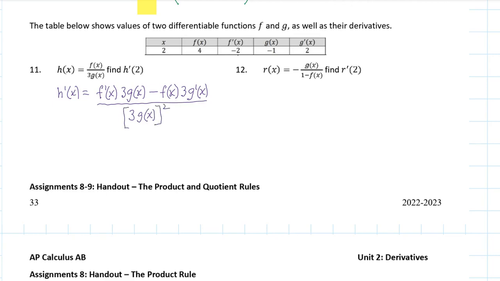Now, I'm a little short on space here, so I'm just going to plug in as we go. H prime, wait, what do we want? Oh no, I'm sorry, we want 2.